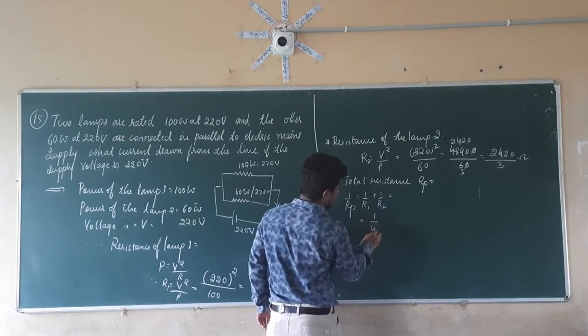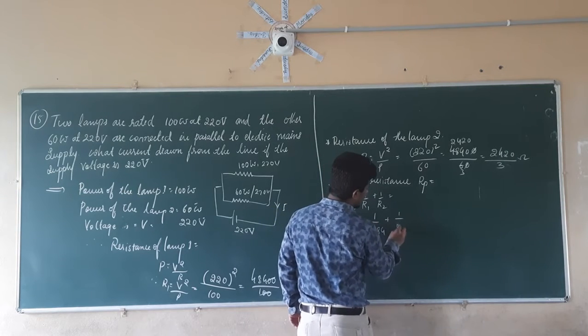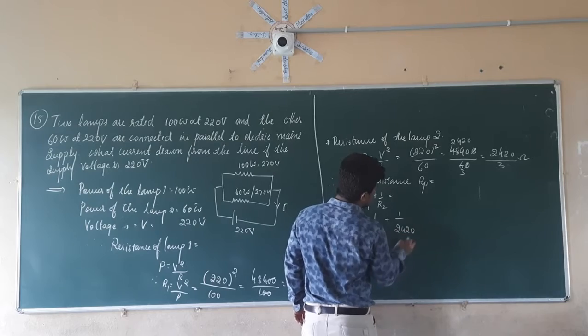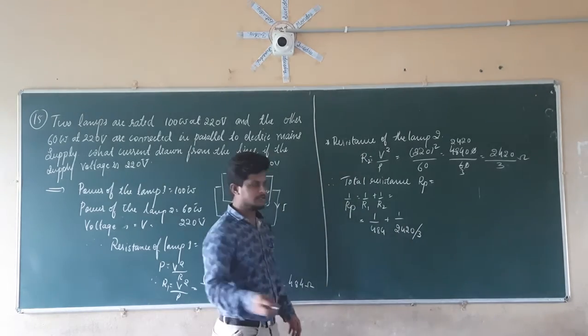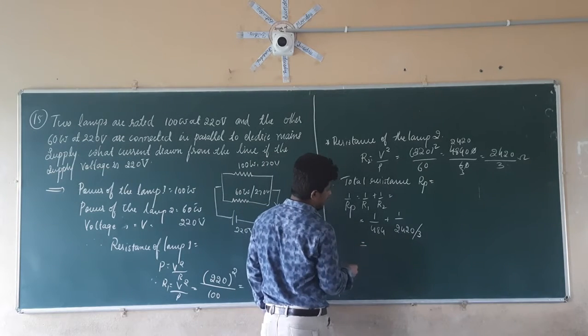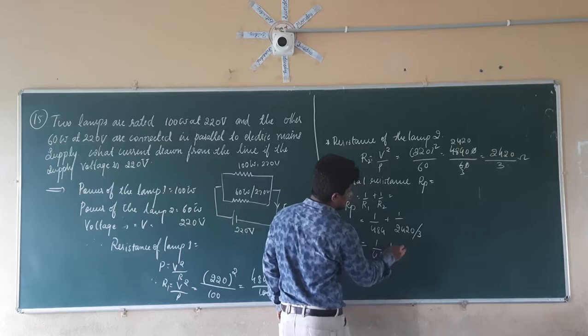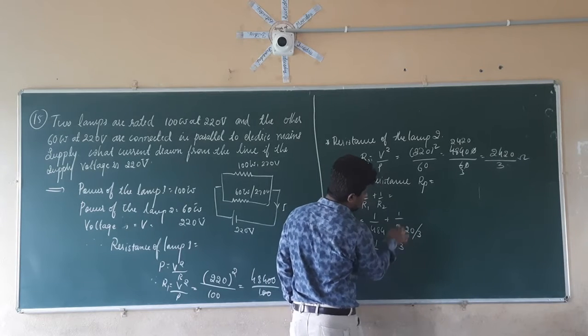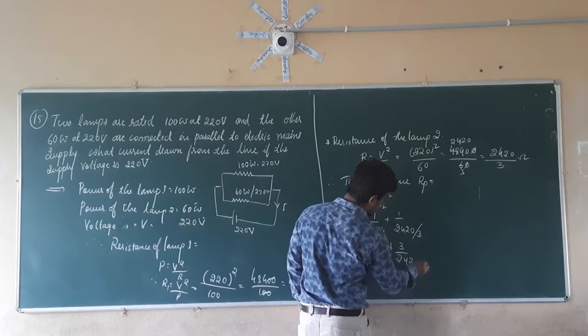So 1 divided by 484 plus 1 divided by 2420 divided by 3, which can be written as 1 divided by 484 plus 3 in the numerator divided by 2420.